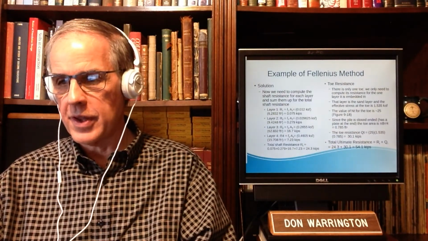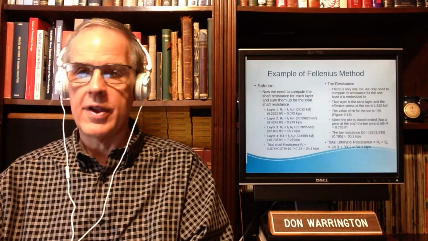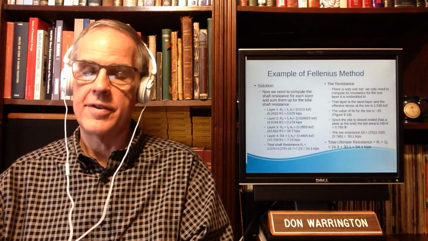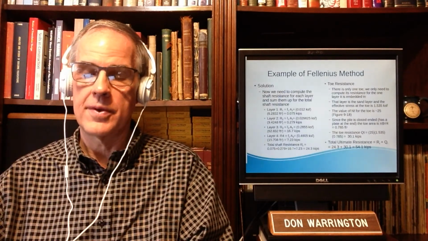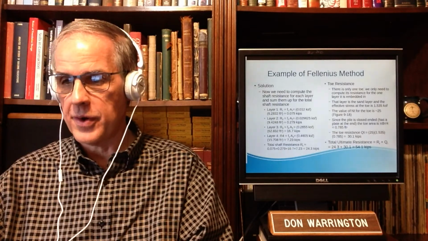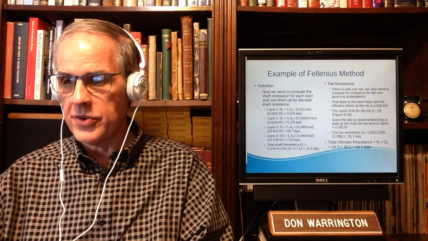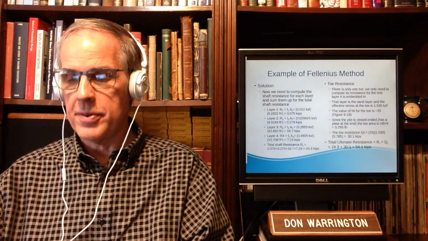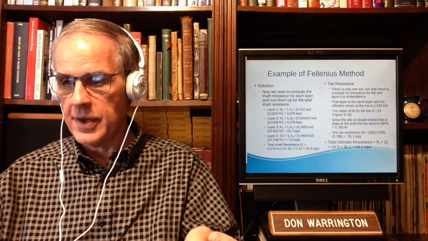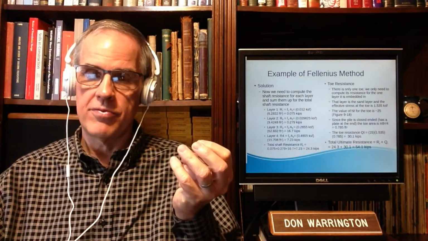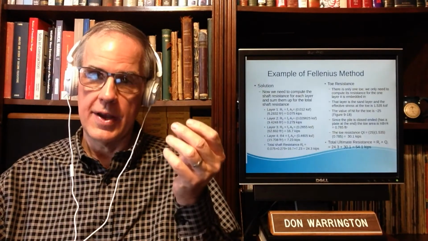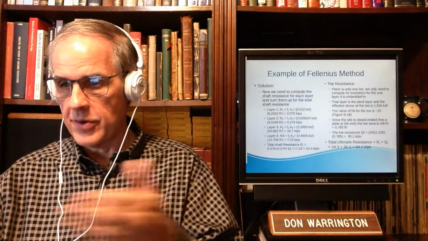Since the pile is closed-ended, the area is the cross-sectional area of a circle, 0.785 square feet. The toe resistance Q_T is simply equal to N sub T times the effective stress times the area. It gets 30.1 kips.